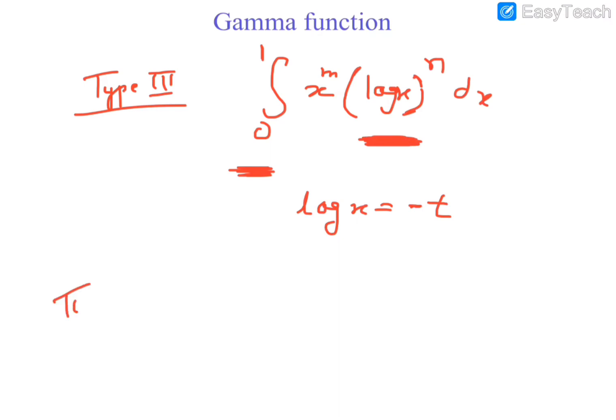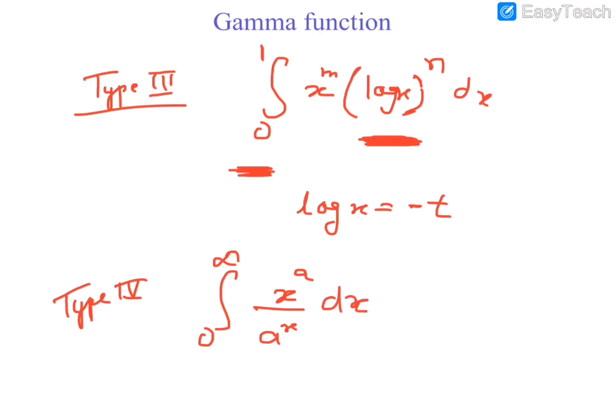And the fourth type of questions will be the integral from 0 to infinity of x raised to the power a upon a raised to the power x dx. Here the method of substitution will be a raised to the power x is equal to e raised to the power t, a special method of substitution.